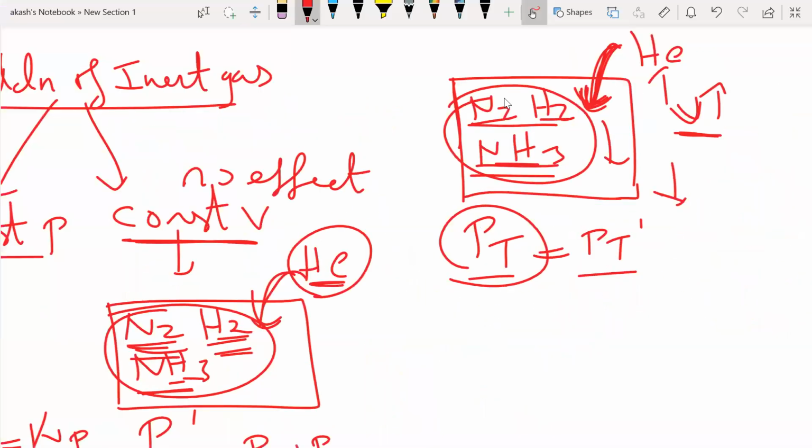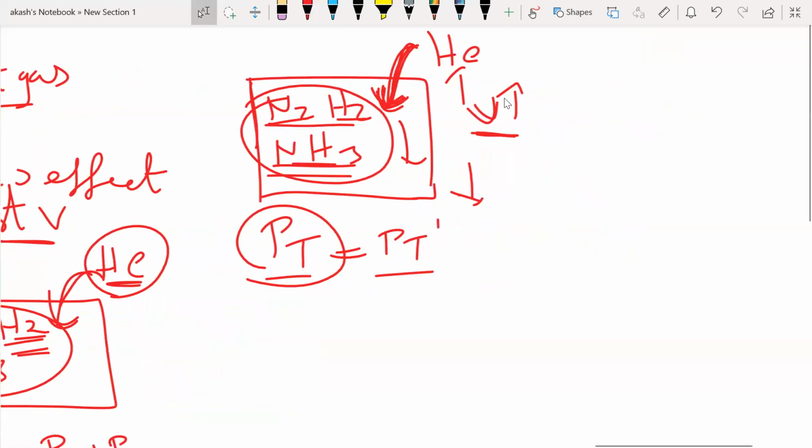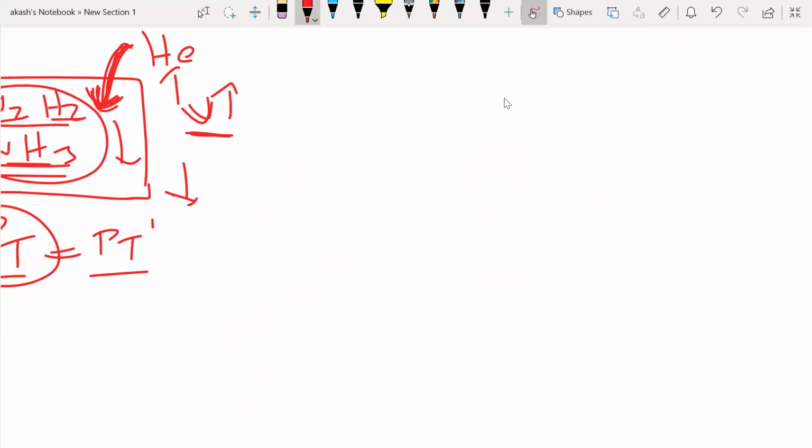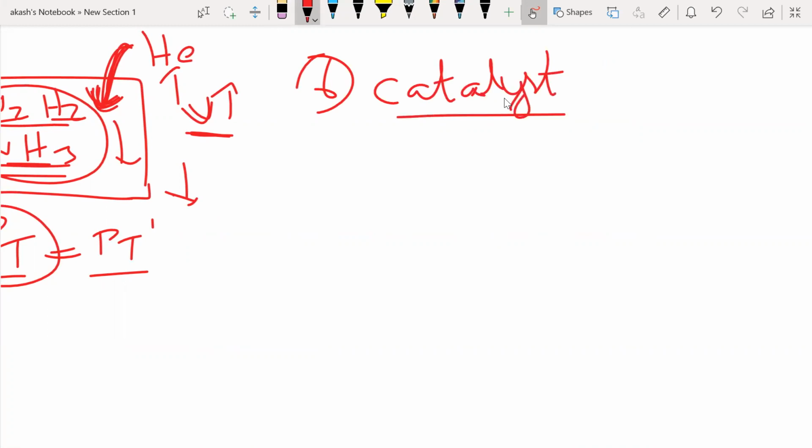Right. Now, one more last way by which you can disturb the equilibrium, but not exactly. The last one is catalyst. Let's say without a catalyst there is an equilibrium. When you introduce a catalyst, there is not going to be any change in equilibrium. There is no effect because of addition of your catalyst.